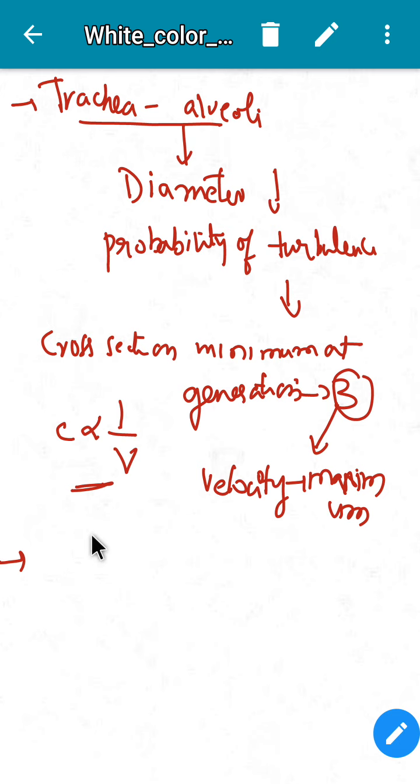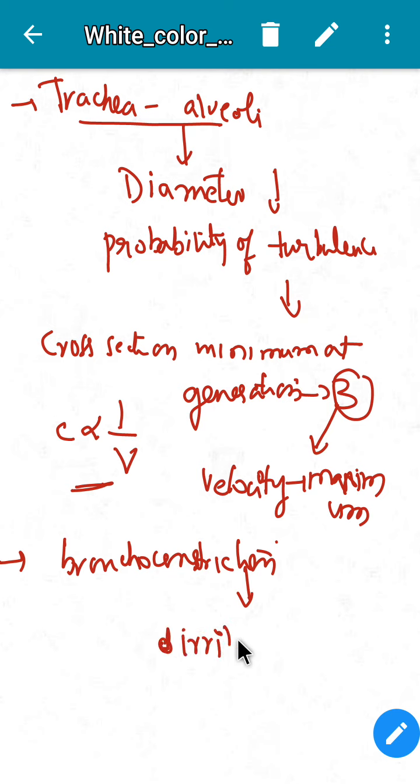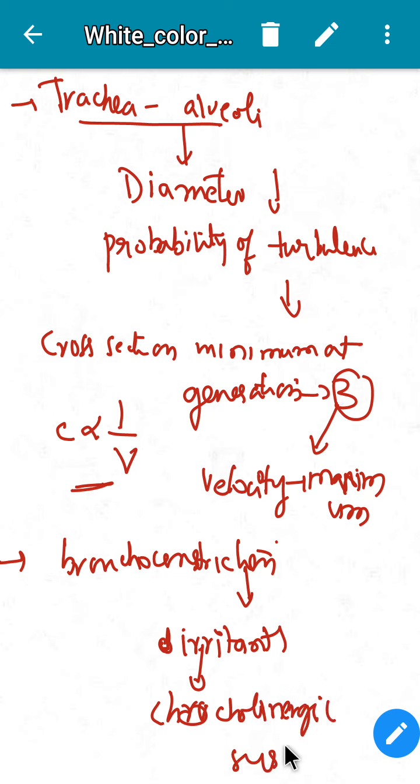If bronchoconstriction is stimulated by irritants, it will be mediated by the cholinergic system.